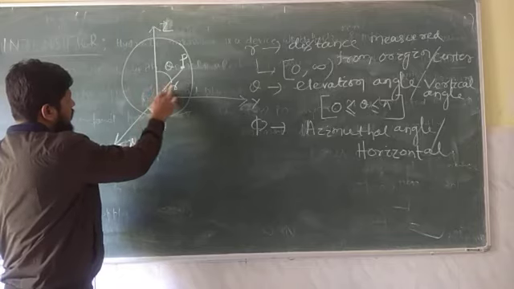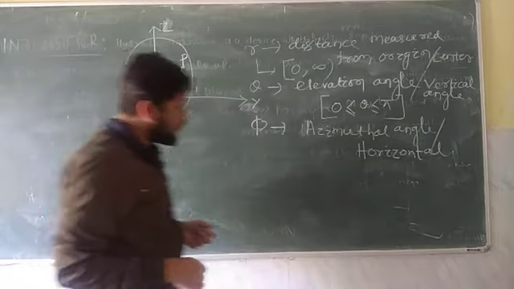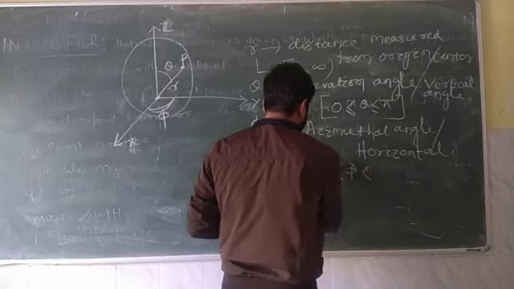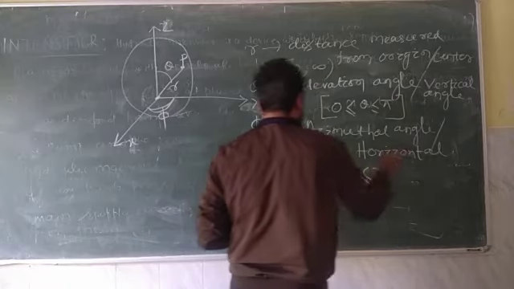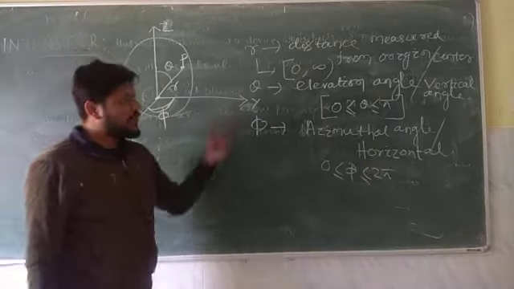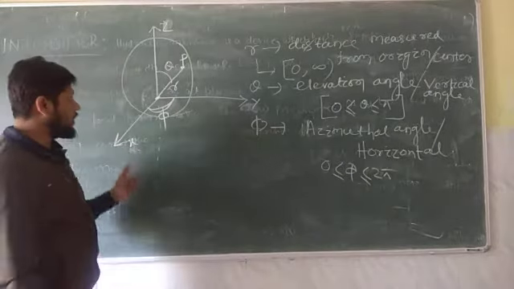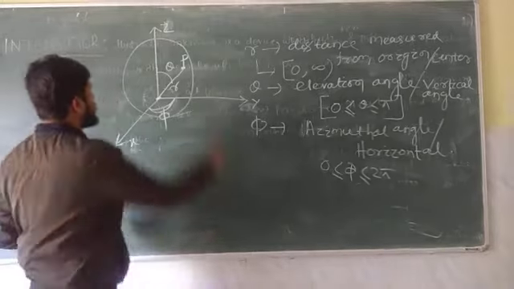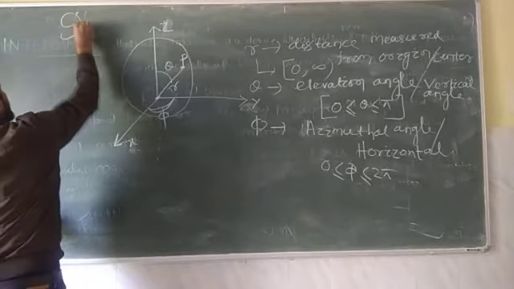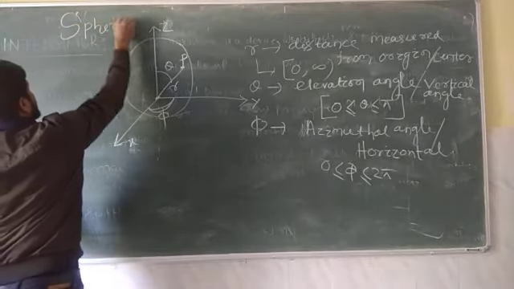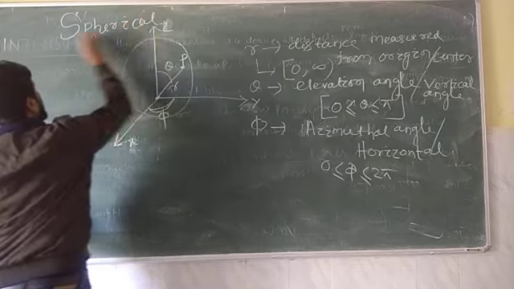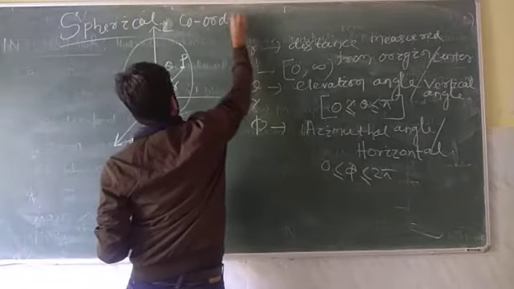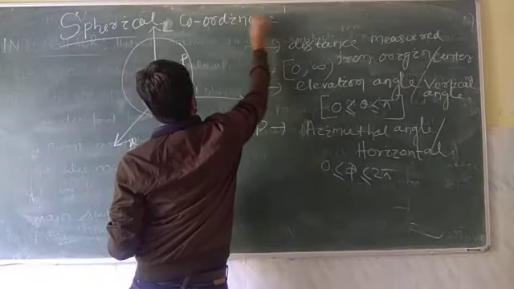That's why this is known as the horizontal angle. So the phi range is obviously from 0 to 2 pi. This thing you should remember. In antenna we will use this coordinate system, and this coordinate system is known as the spherical coordinate system.